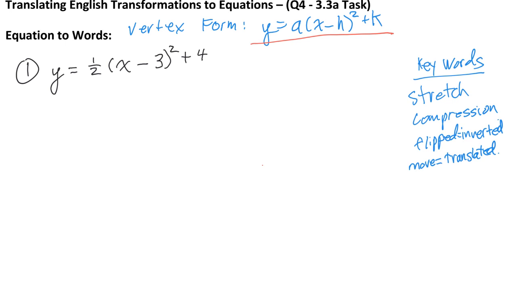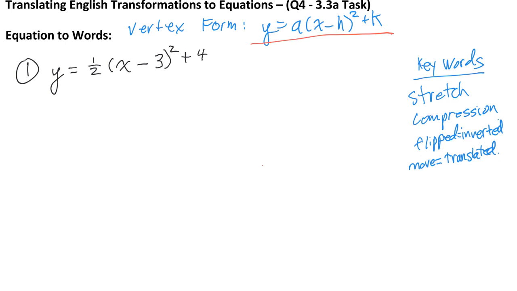So if I was looking at this problem here, I would read the problem from left to right. And first, we'd make sure that we start by looking at this fraction that's sitting in front of my parabola. Now, based on that, you would say to yourself the following.